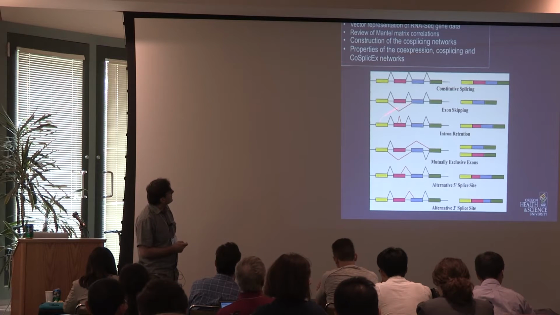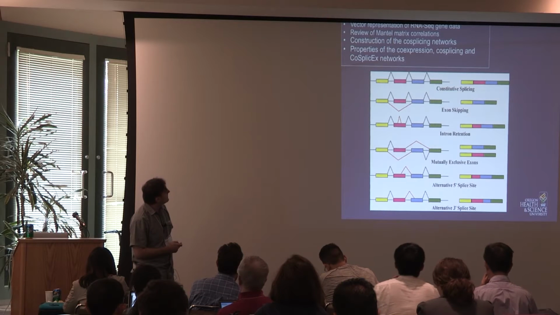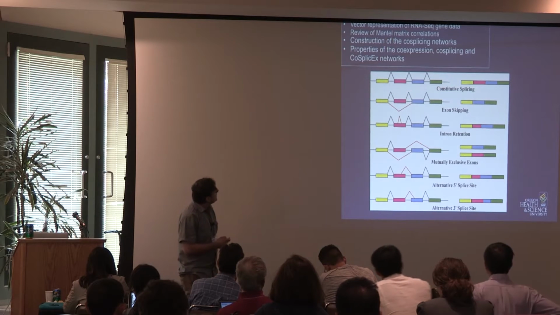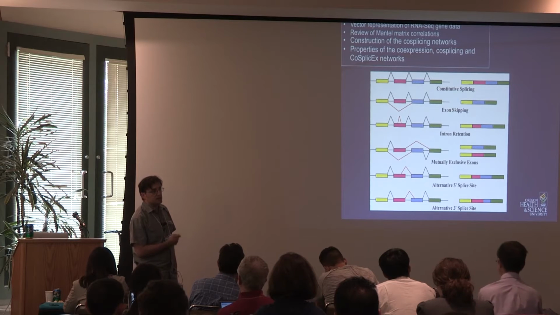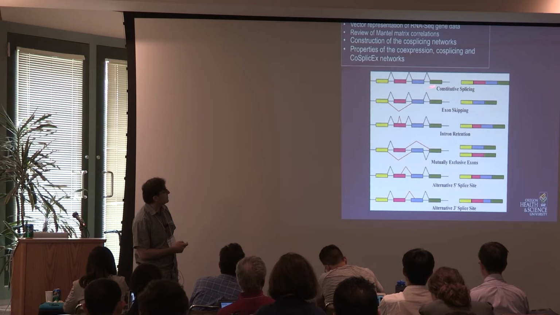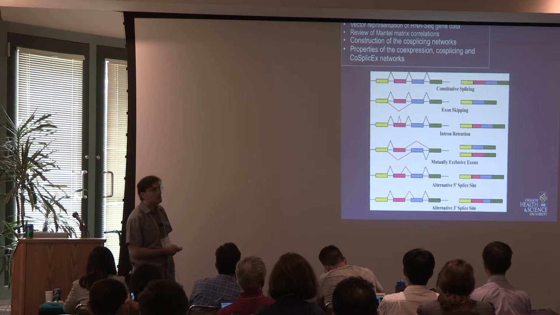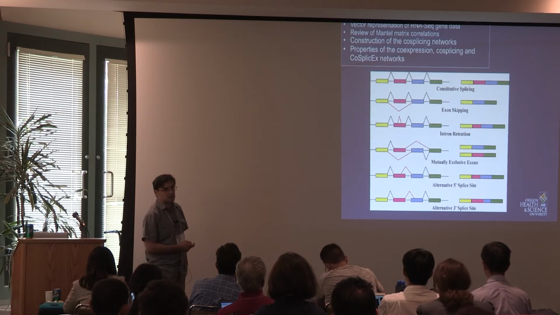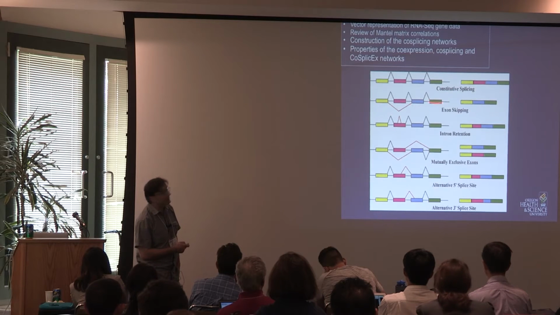So let's review a little bit what gene splicing means. If we have a gene, the standard way that the gene is put together during transcription and translation is just to paste the constitutive exons together, and then you produce the protein. However, most of the genes in the human and mammalian transcriptomes have variations.